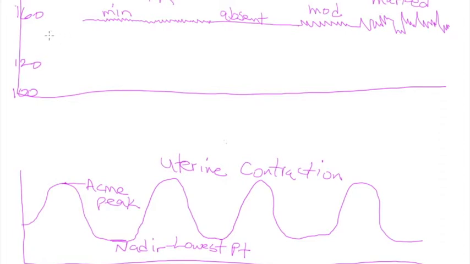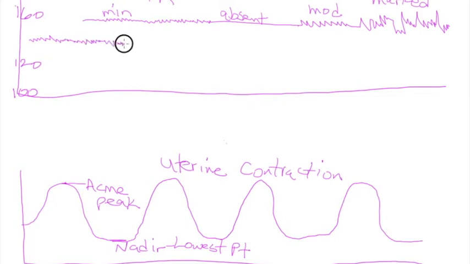We'll start with earlies or early decelerations. So we have variability right here. Baby's doing well.